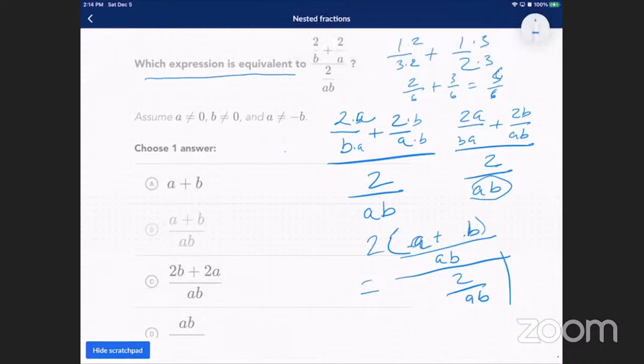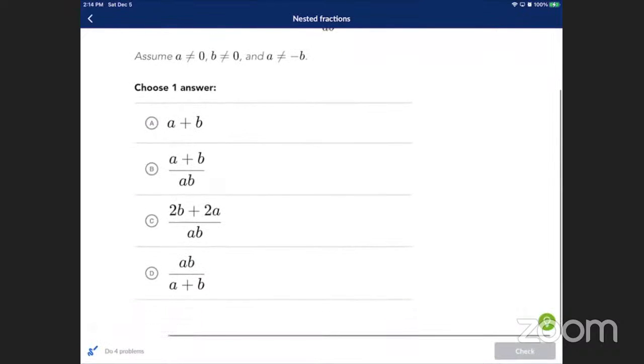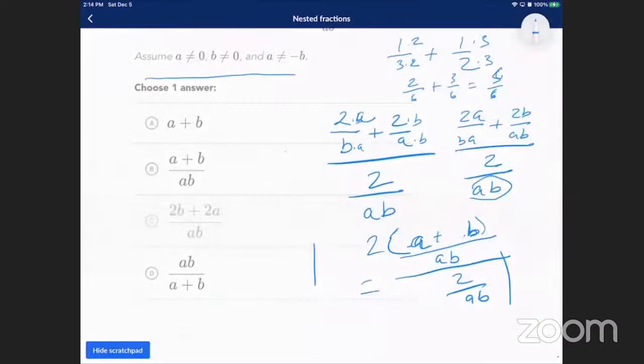Which would lead us to a plus b. And so that would be 2 over a. Then we could pull the 2 out of here as well. So we would end up with the 2 over here. The 2 down here would be something similar.